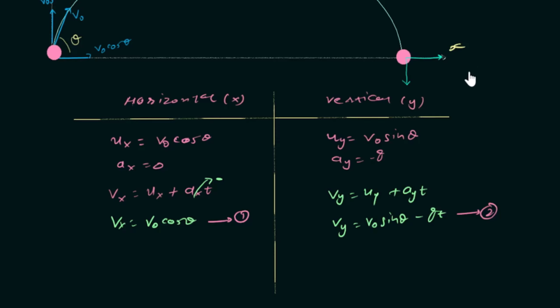Apart from this, we should have two coordinates: the x coordinate and the y coordinate of the object during the path of the projectile.